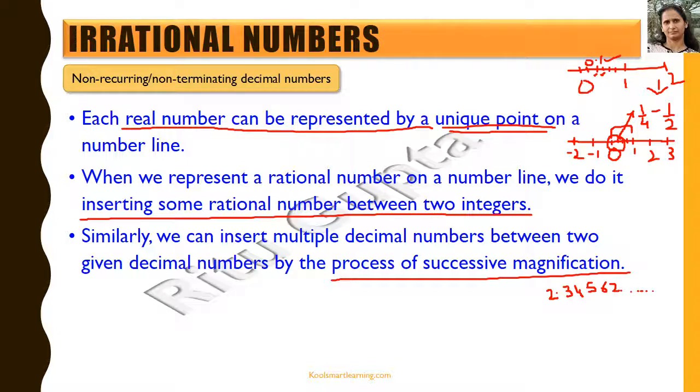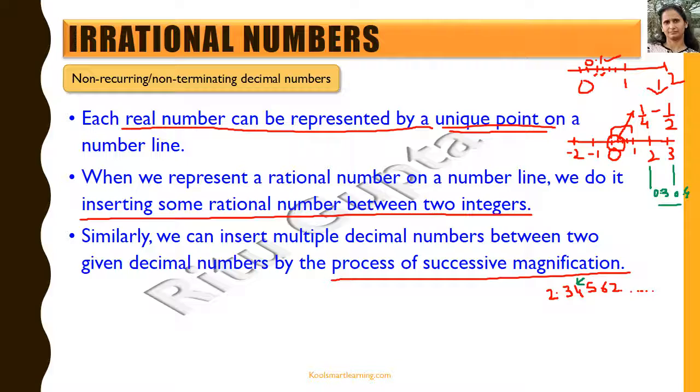Now if we want to place this up to 3 decimal places, we can do a magnification after this second division between 2 and 3. We can magnify it and then find 2.3, and then between 2.3 and 2.4 we'll magnify it further, make again 10 divisions, and find 2.34 in there.